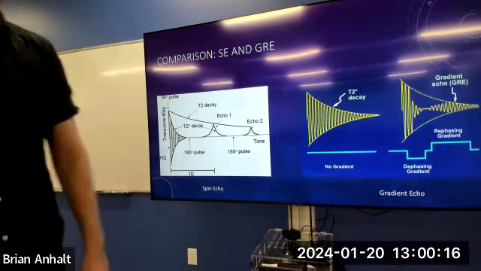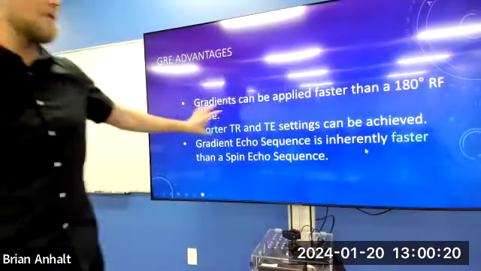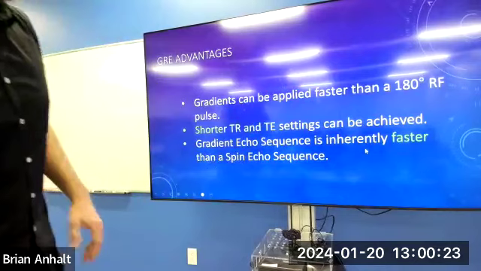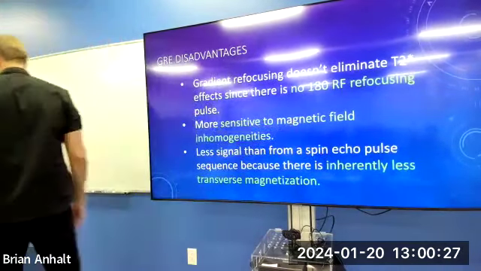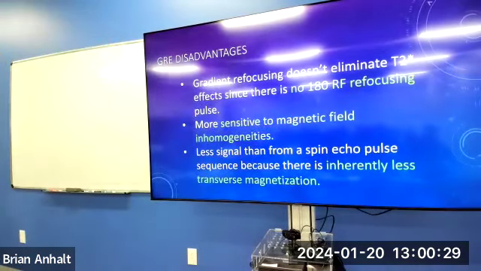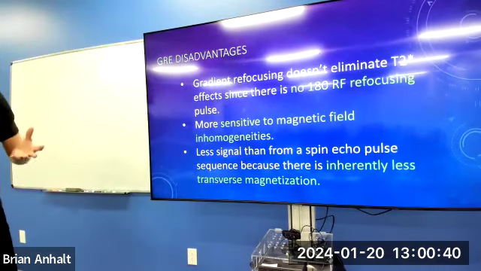So this is our inherent trade-off right here. Write this down. Our two inherent trade-offs to having faster scans are that we have sensitivities to inhomogeneities and susceptibilities, meaning we're going to have artifacts in our images from inhomogeneities and susceptibilities. And we're just going to have inherently less transverse magnetization, which means inherently less signal, right?